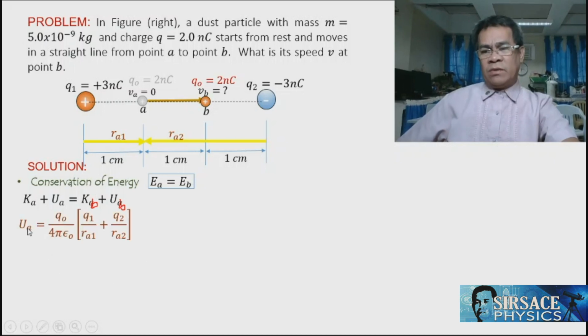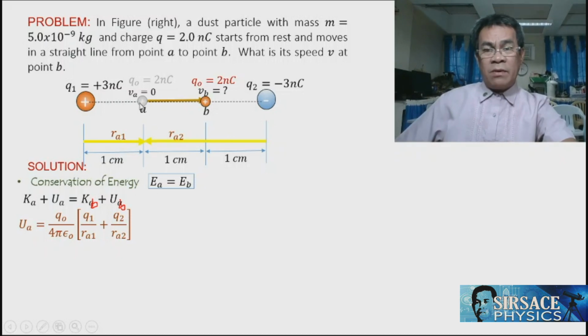So first we will solve the potential energy initial, U sub A. The formula, because this is multiple charges: the moving charge over 4 pi permittivity multiplied by the sum of the ratios of charge to distance. So charge 1 over its distance RA1, then plus charge 2.